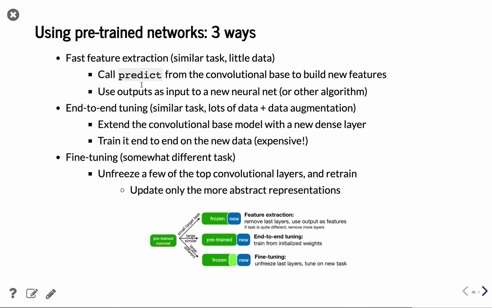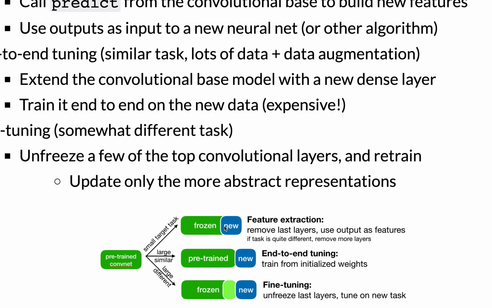So we push all the images through the network, and we take the output basically as a new featurization of the image, a new representation of the image. And then we can pass those to a new neural net or any other algorithm. We can also pass the new representation to a support vector machine, for instance. That's one thing we can do.